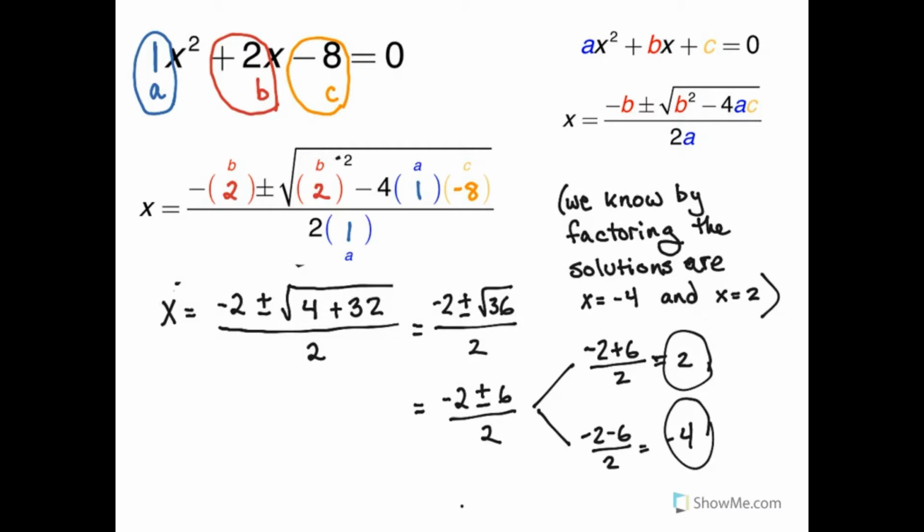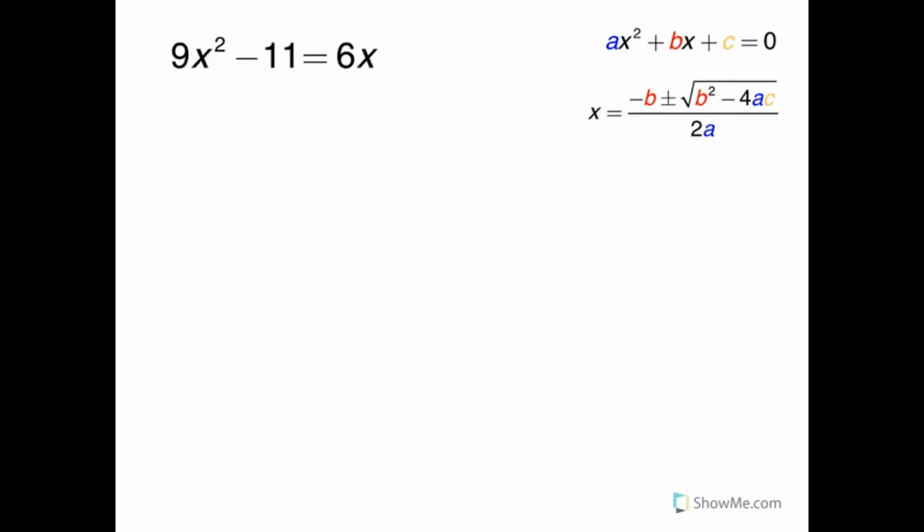Factoring is easier than using the quadratic formula. So let's try using the formula on a quadratic equation that's not factorable. Let's try solving 9x squared minus 11 equals 6x using the quadratic formula. This isn't factorable, and it looks like trying to complete the square would be really difficult.